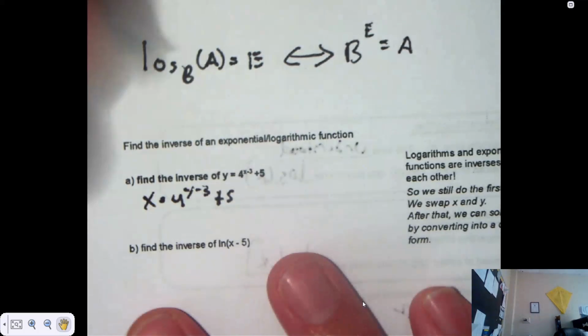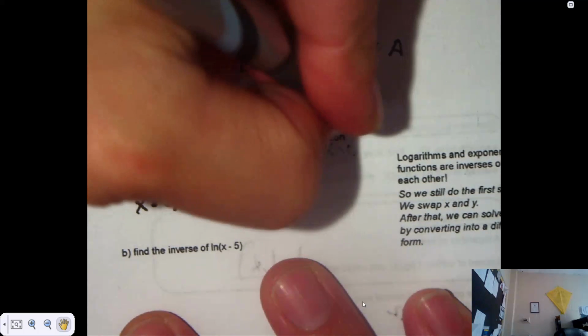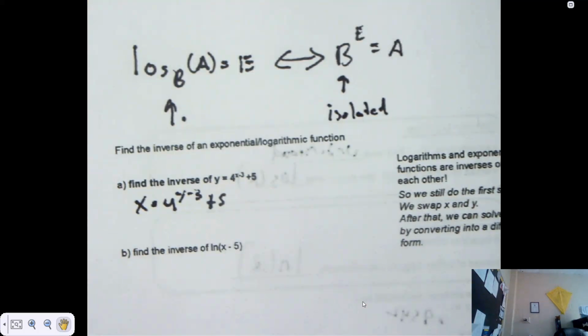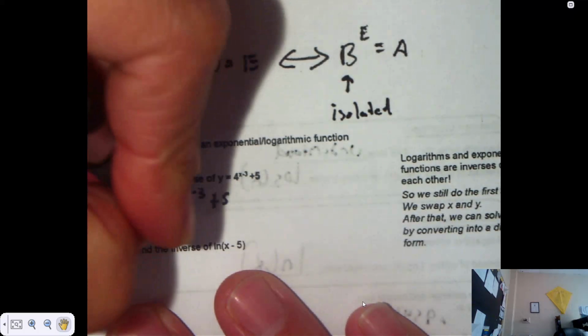But I want you to notice that the base with the exponent is isolated. So we have to isolate the base with the exponent. How do we do that? Subtract 5. x minus 5 equals 4 to the y minus 3.